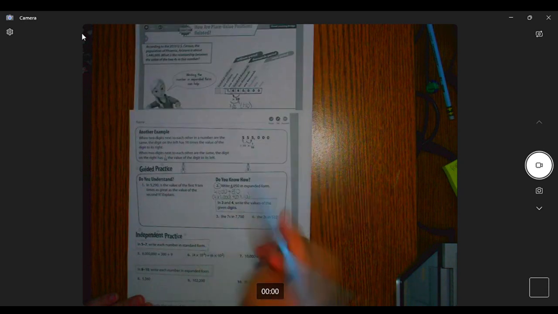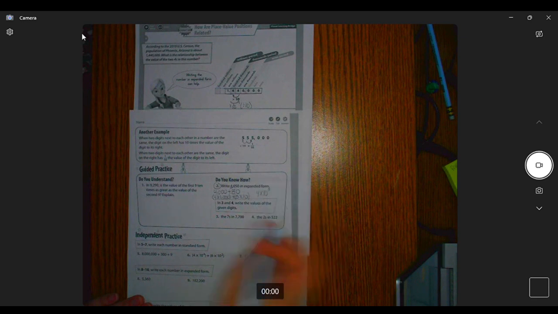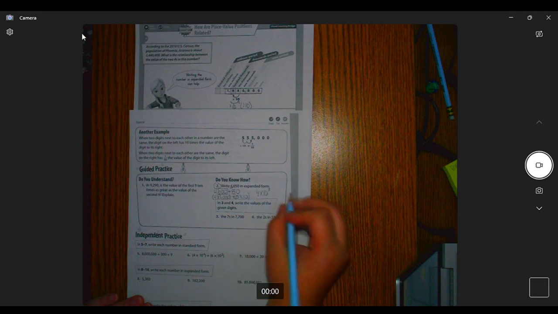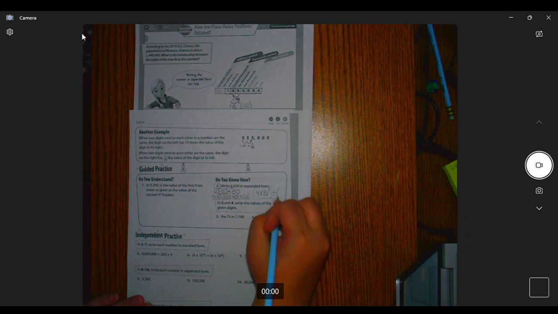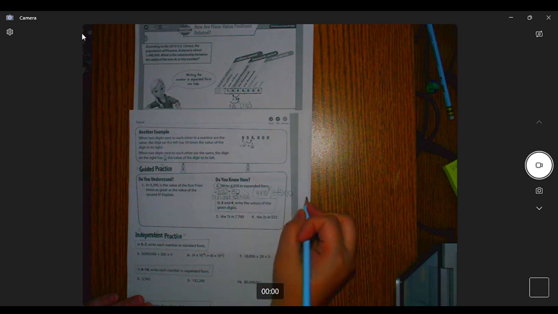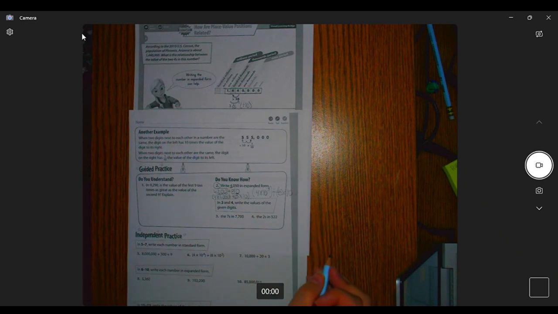I can also use my exponents and say 4 times 10 to the 3rd, because I have 3 zeros. I know that is the 3rd power of 10. And put parentheses because we got to group them. Plus 5 times 10 to the, how many zeros do I have? Right, 1. Plus 5 times 10 to the 1st.